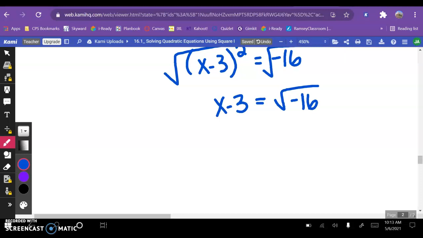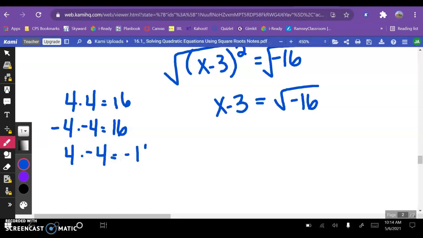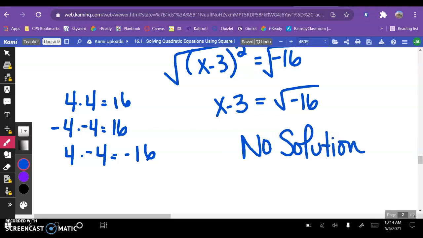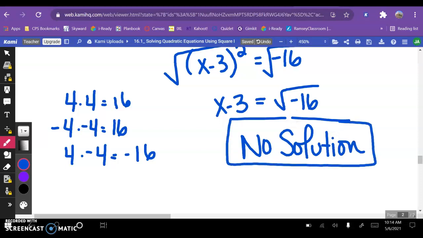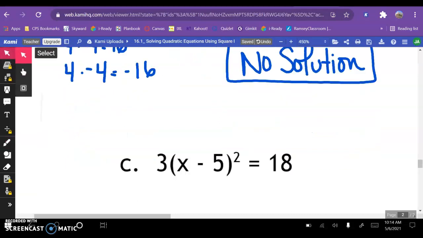We have 4 times 4, which is positive 16. And we have negative 4 times negative 4, which is again positive 16. But if we had one of each, that would give us negative 16, but that's not the same exact number. So we can't do that. That's not the square root. So this one is no solutions. This parabola does not touch the x-axis.